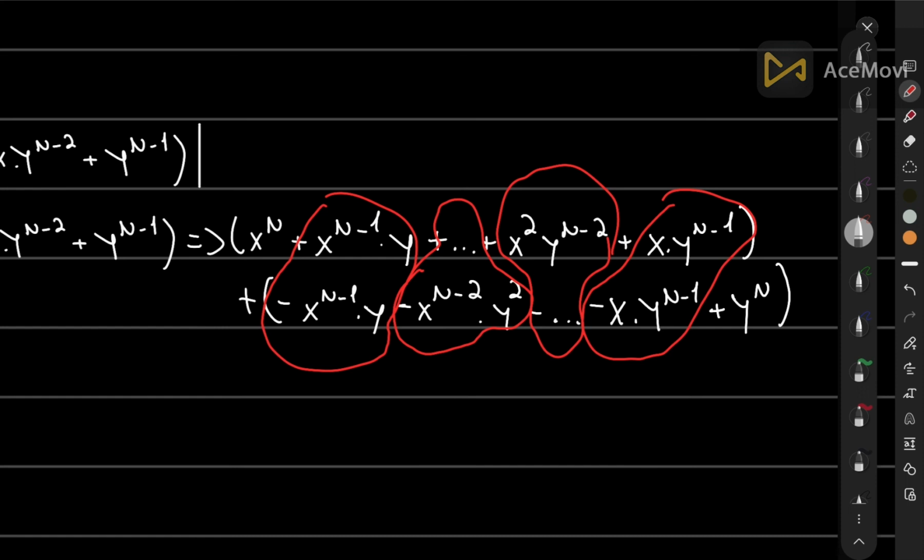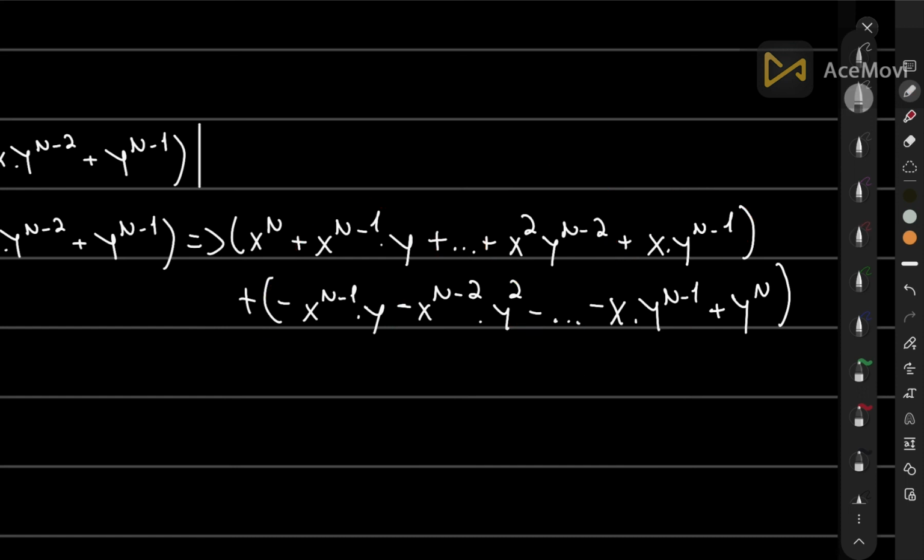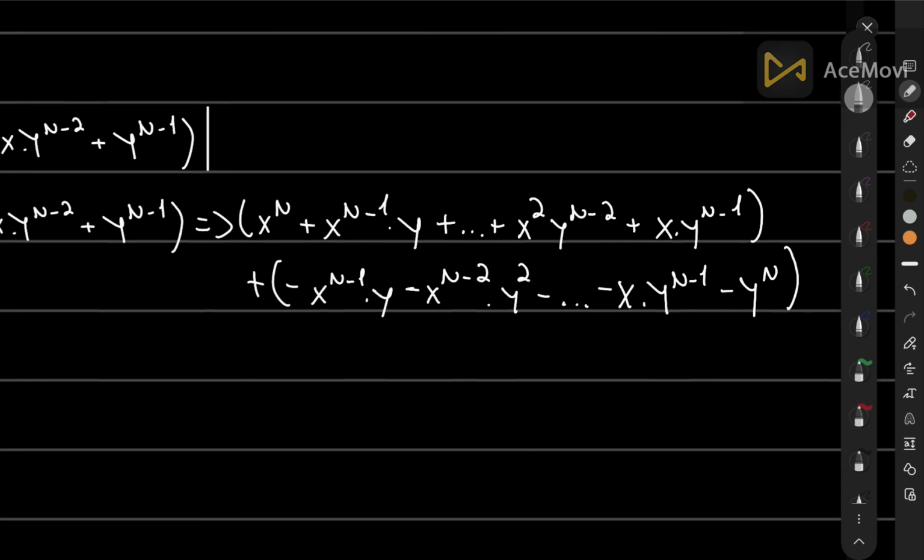So all these terms cancel out, and we get the final thing that is x to the n, y to the n. Oh, here's a minus. Sorry about that. So here you're going to end up with x to the n minus y to the n, and that is our answer.